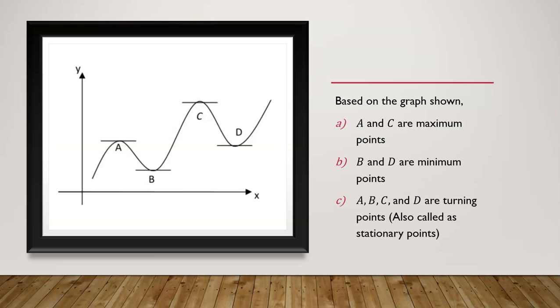B and D are minimum points, because the graph is smiling. So we can say that A, B, C and D are turning points. Another name for them, if you read in books, is stationary points.